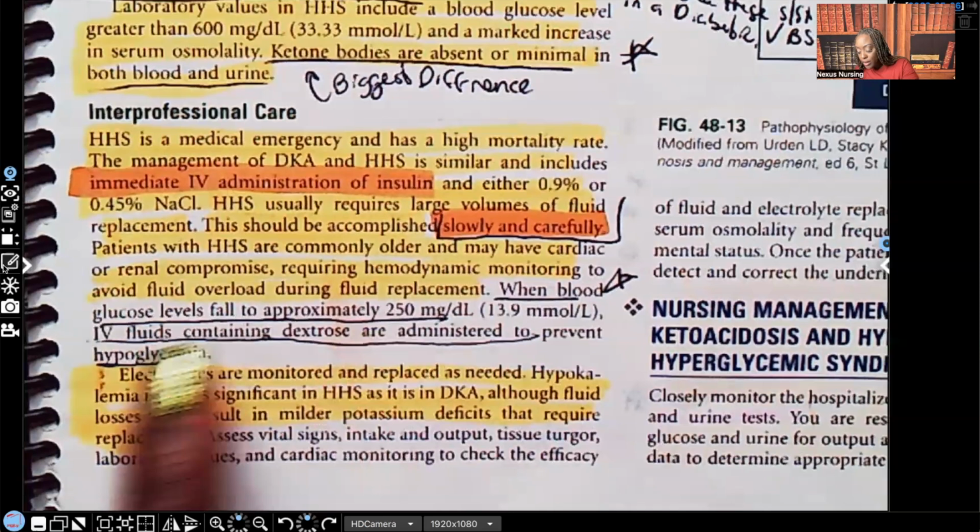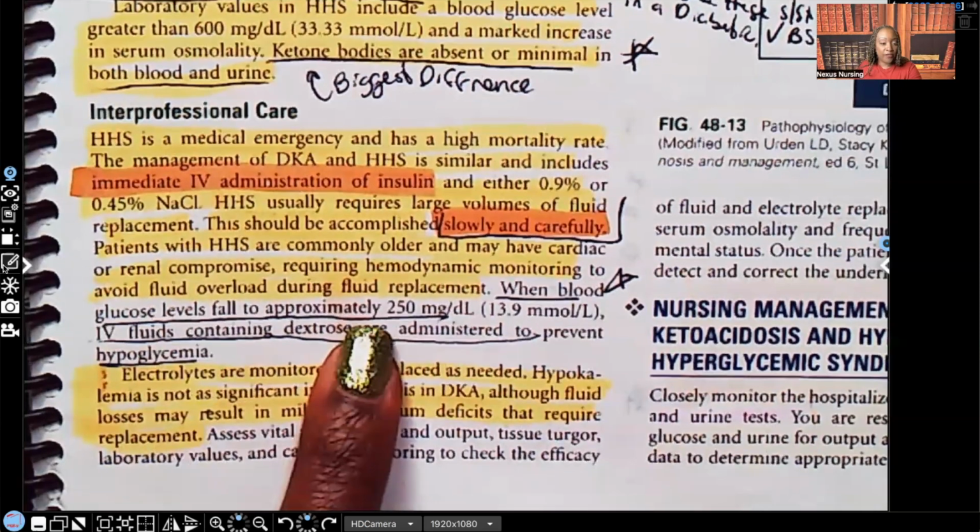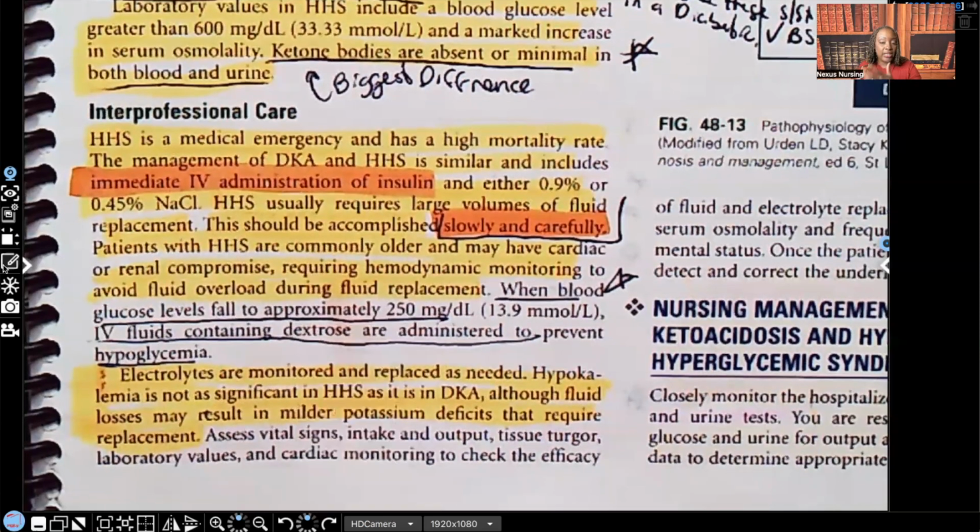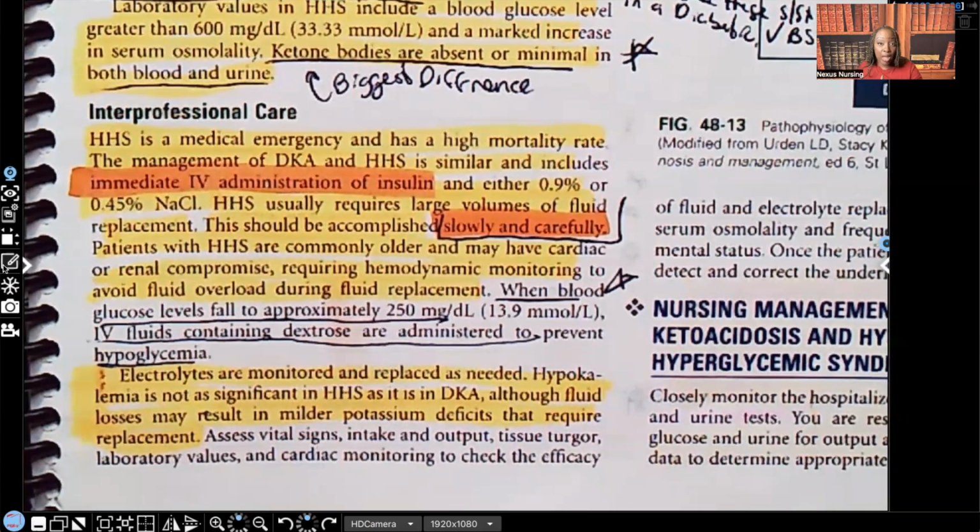When the blood glucose level falls to 250, the IV fluids containing dextrose are going to be administered as well. Same reason, if the blood sugar drops too low too fast, it could cause cerebral edema. And that cerebral edema can cause the patient to go into seizures, coma, and a list of other stuff.